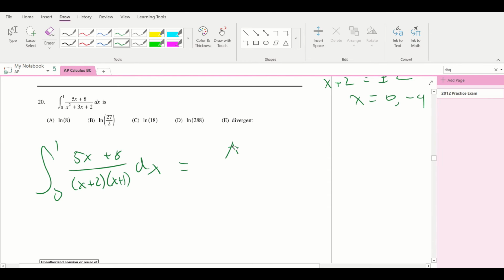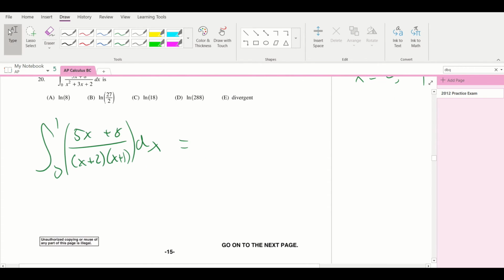So if we just look at this right here, this is equal to ax plus b over x plus 2 plus cx plus d over x plus 1, right? And this is equal to 5x plus 8 over x plus 2 times x plus 1, because we're looking at the numerator right here.